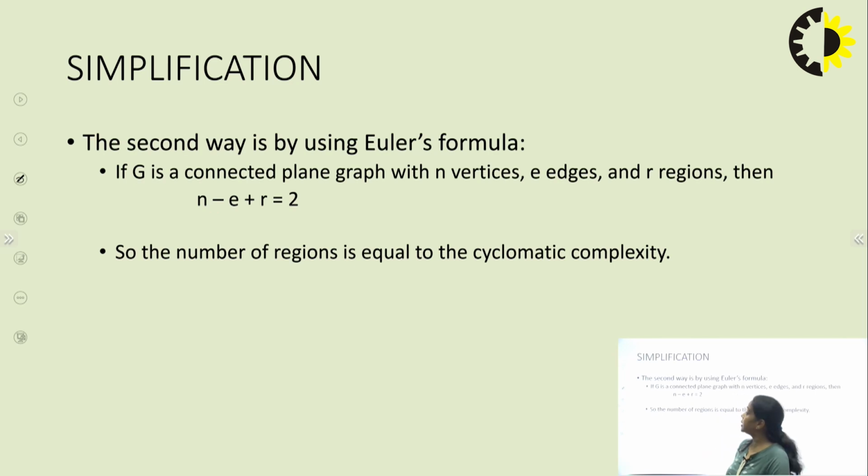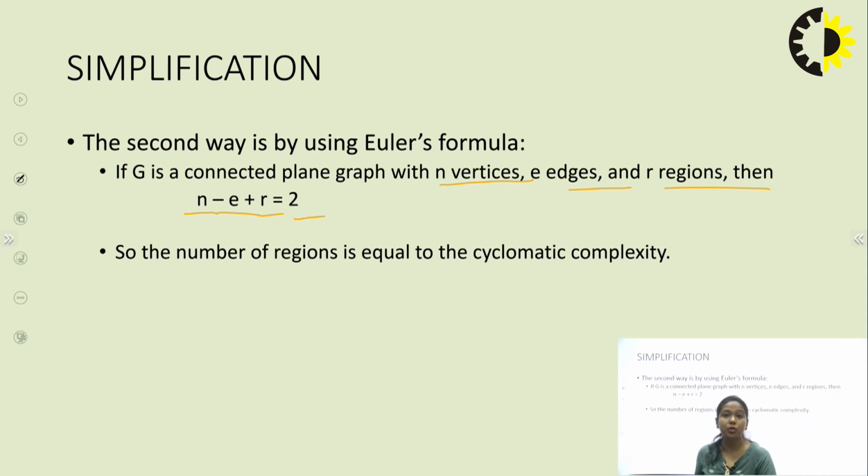The second way is with the help of the Euler formula. What does the Euler formula say? G is a connected planar graph with n vertices, E edges and R regions. So n vertices minus E edges plus R regions will be equivalent to 2. The number of regions will be equivalent to the cyclomatic complexity.